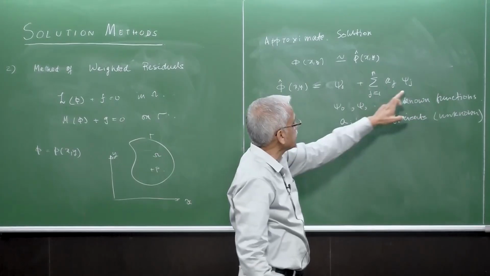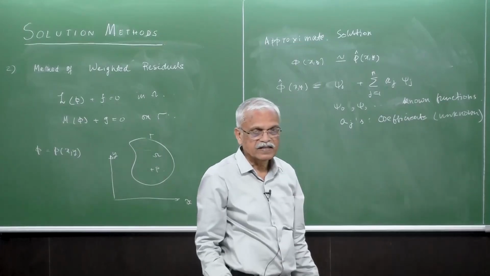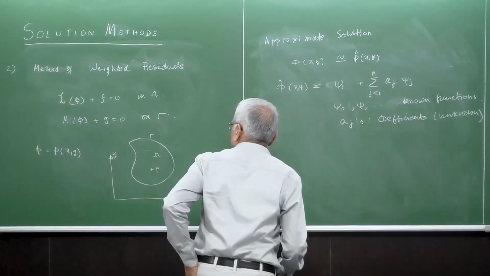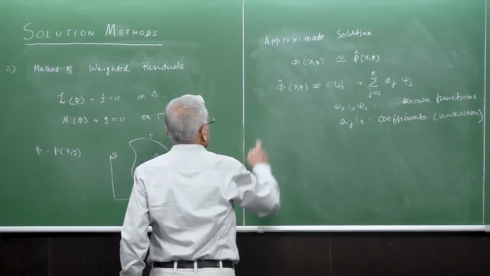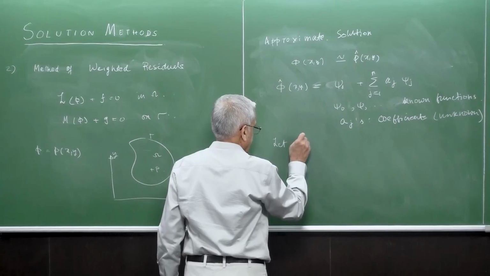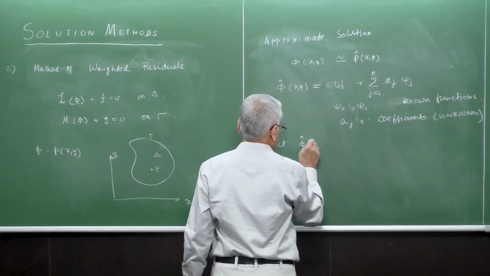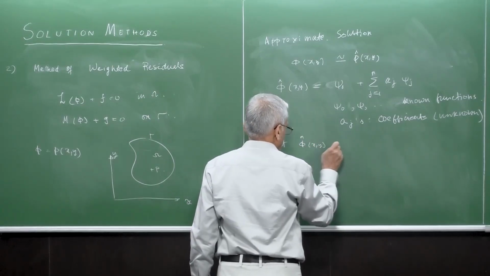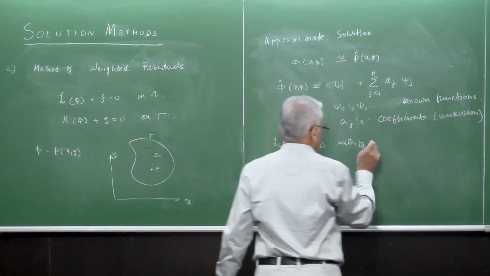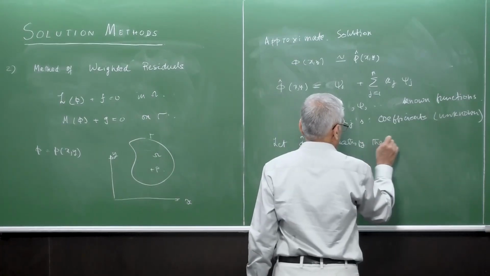But what about this psi naught and psi j? What are they doing here? So what we are trying to do here is, let phi hat satisfy the boundary condition.